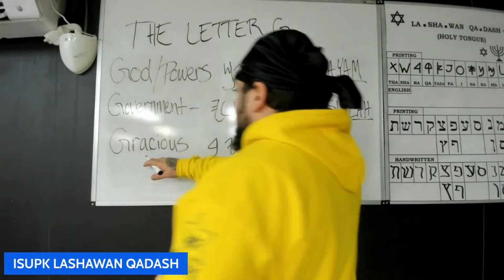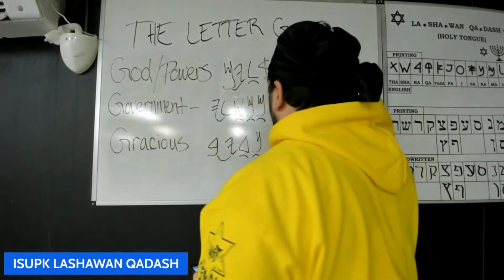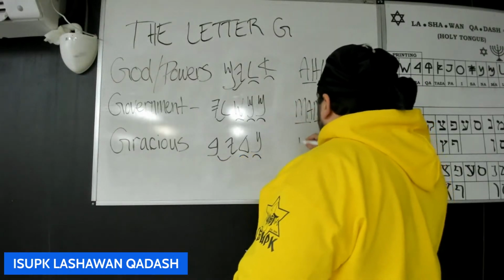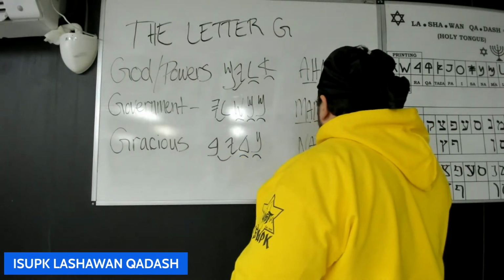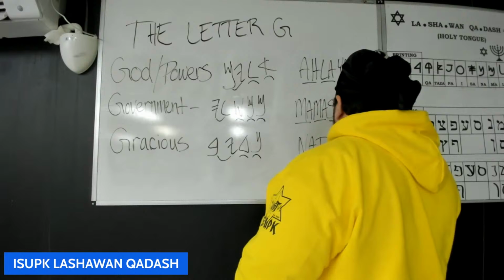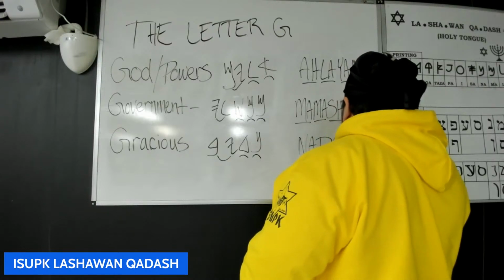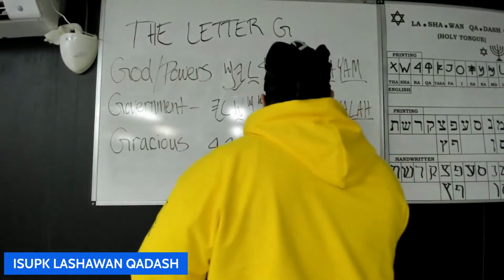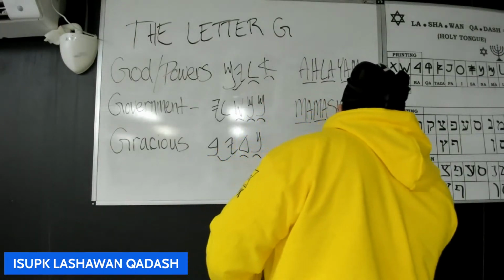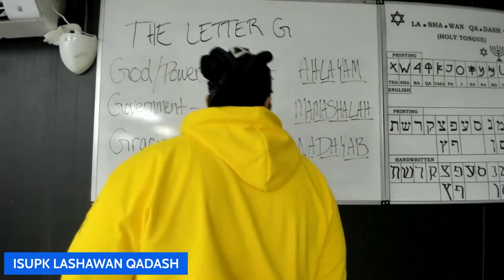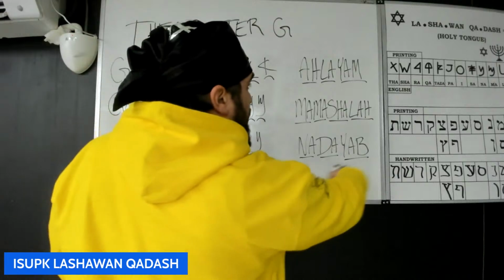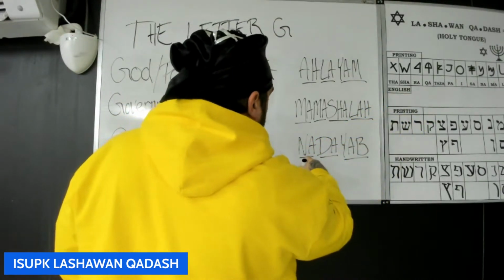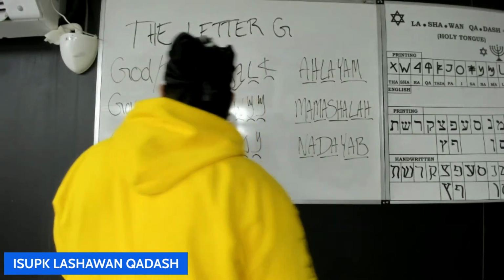So gracious in English will be na da ya. I'm gonna spell it right here. Na da ya. And I always write it in capitals, the same way they have it over here in the ancient. Everything's always in capital. Na da ya.